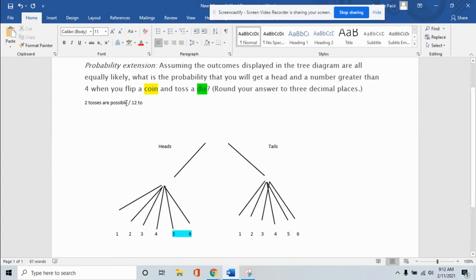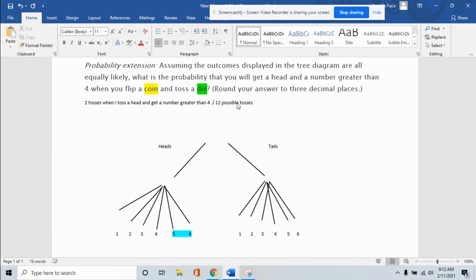Okay, let's rewrite this. Let's say 12 tosses when I toss a head and get a number greater than 4. So it's 2, and then it's over 12 possible tosses.